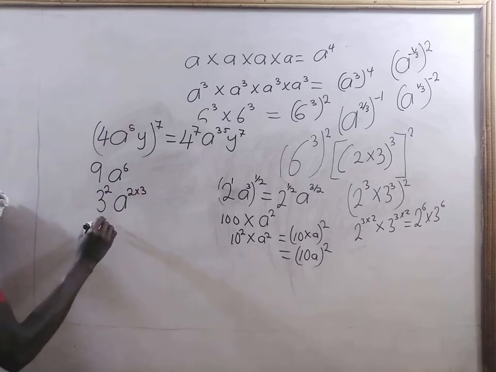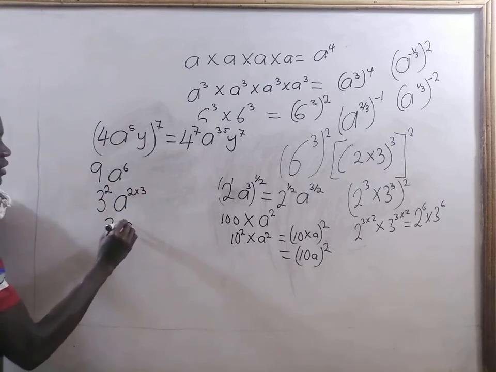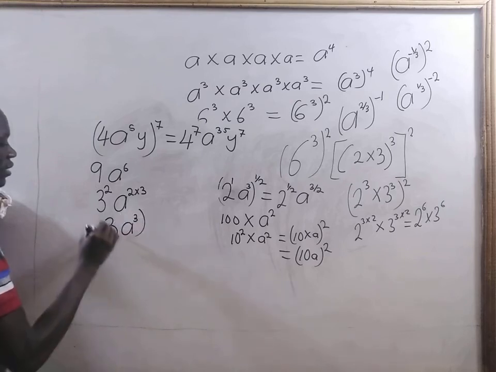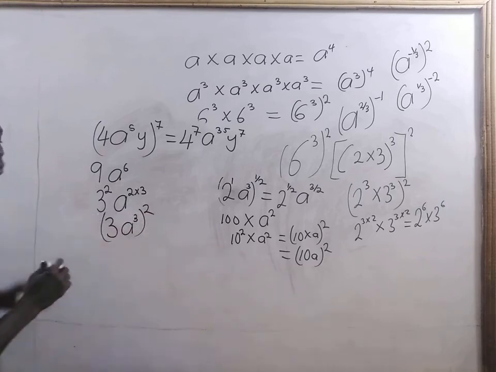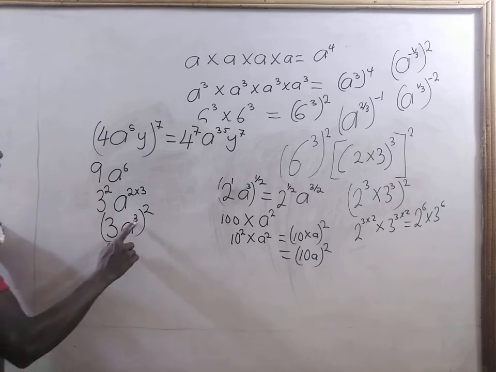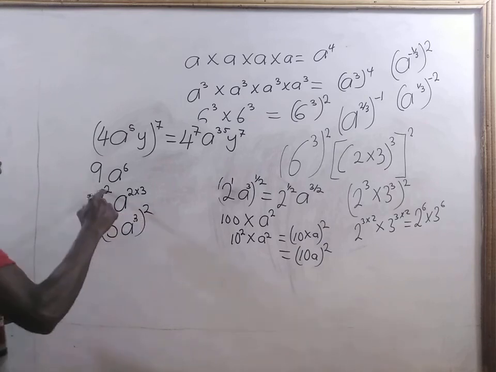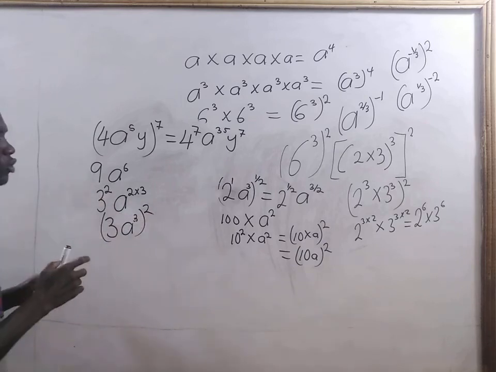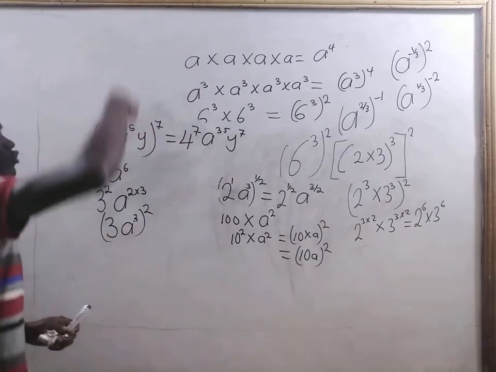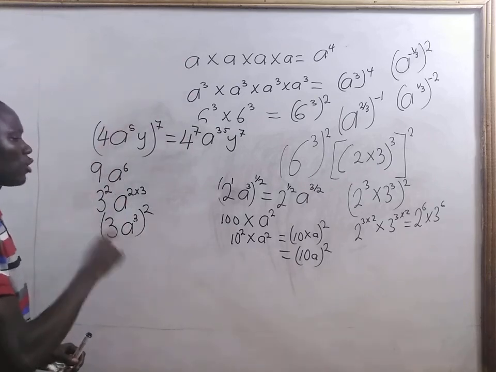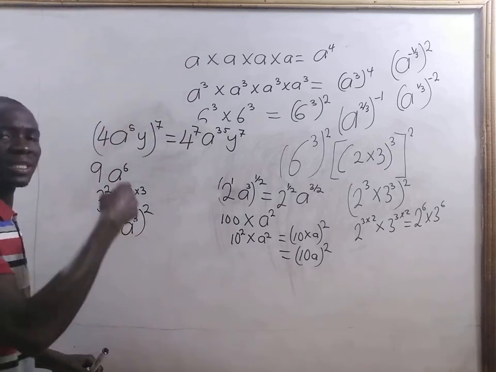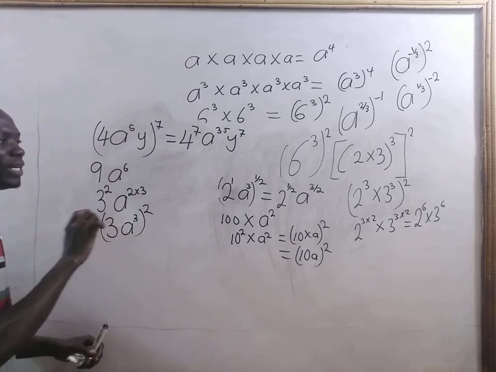So now I can write this as 3 times A power 3, then I'll bring the power 2 out. Yes. So here, you have this power multiplying the power, and the power 1 here will multiply this, and we'll go back to here. So it is not always sending the exponent to multiply the exponent. We can also factorize the exponent, that is multiplying the exponent out.